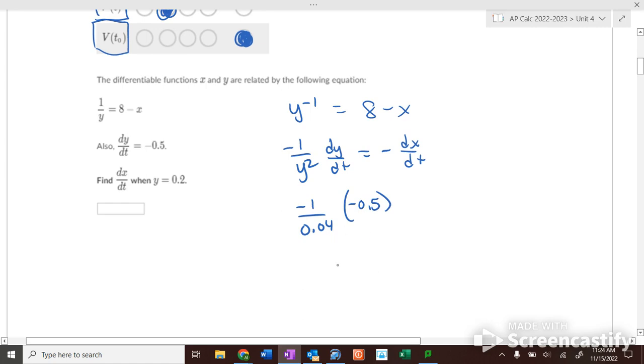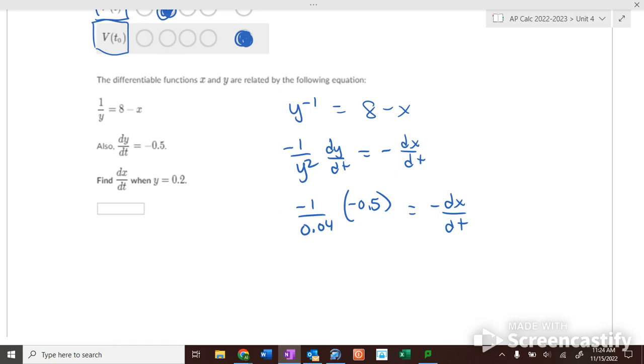So if we do the math there, negative dx/dt equals that stuff. So what's 0.5 divided by negative 0.04? It's like 20? No. 1.25? I don't know.